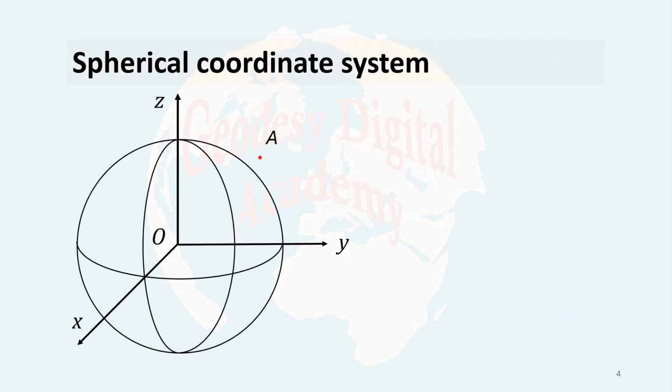The spherical coordinate system is very similar to the three-dimensional coordinate system. The difference is that we have a sphere as a reference. Consider a point outside this sphere. I project it to the x, o, y plane, and the projected point is again projected to the x and y axes.